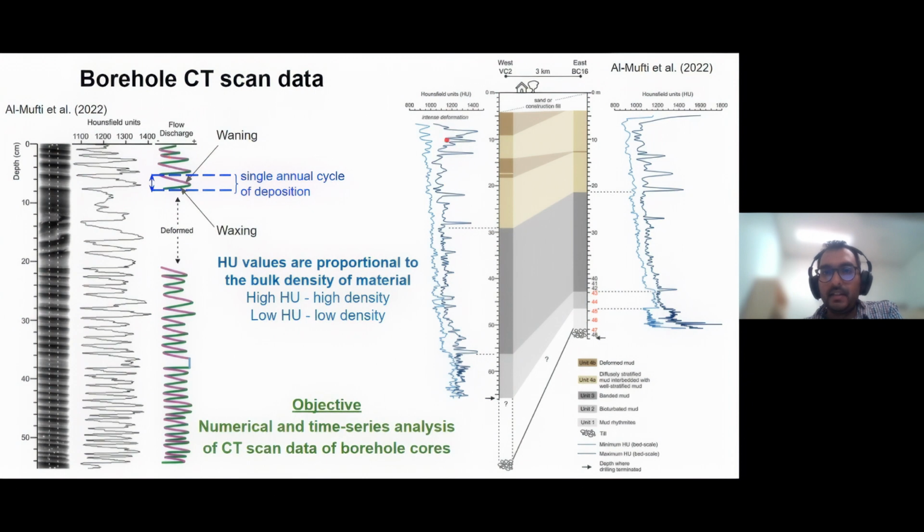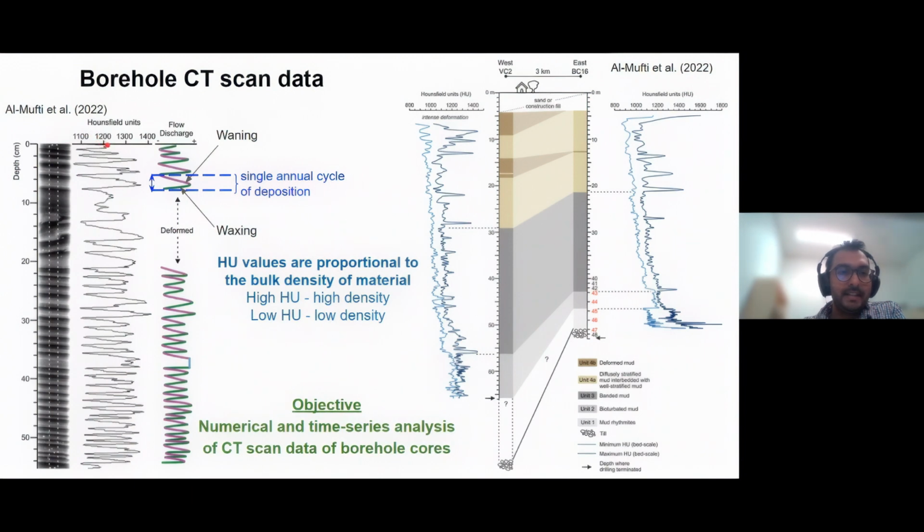Going back to the two boreholes, we have 4 units that are stratigraphically distinct. We have Unit 1 at the bottom, and going upwards, we go to Unit 2, Unit 3, Unit 4A, and Unit 4B. The figure in the middle here shows the variation of what are called Hounsfield units, which is a measure of the bulk density of the material.